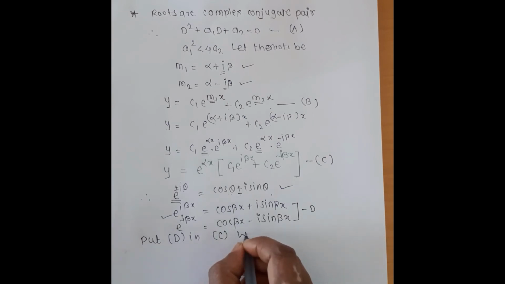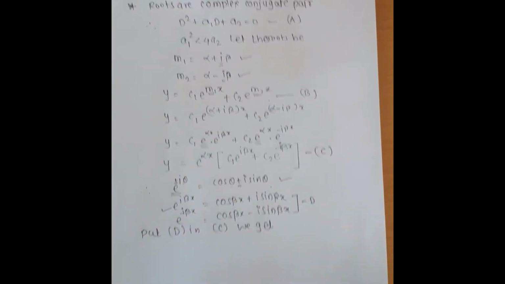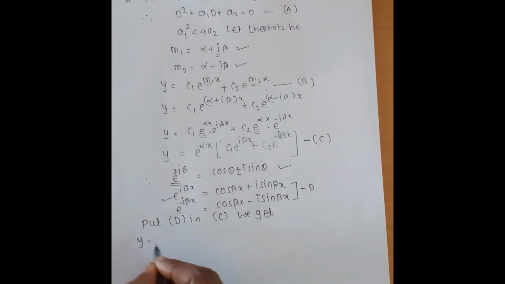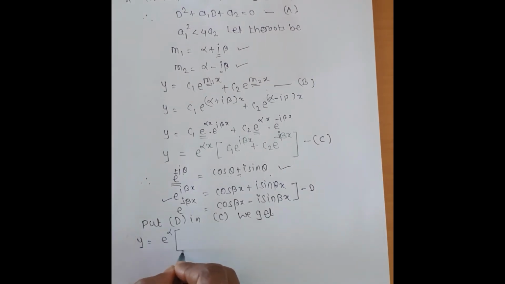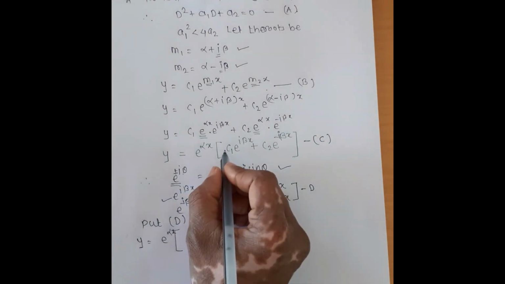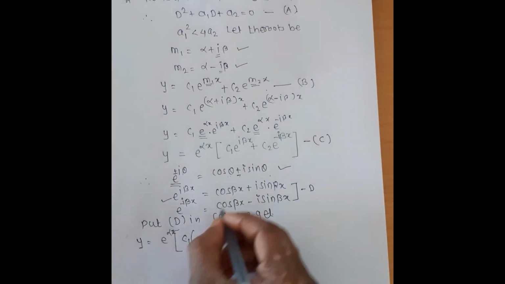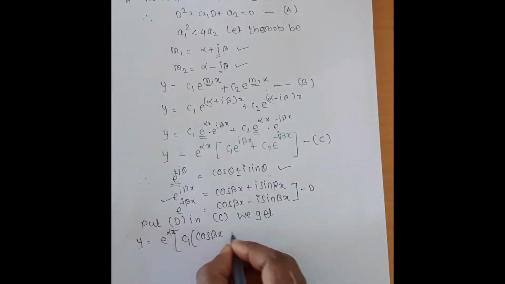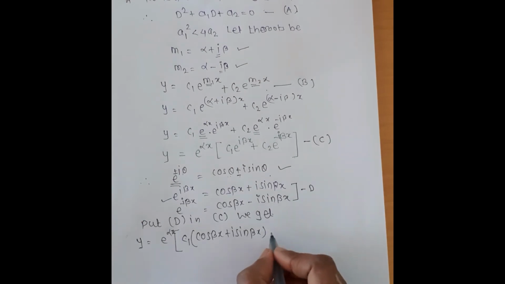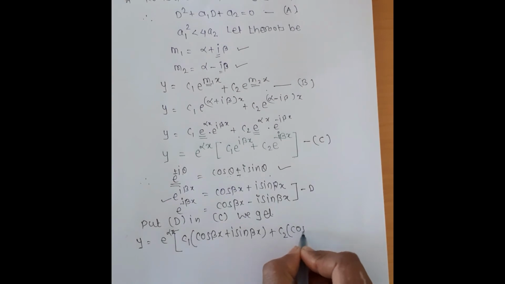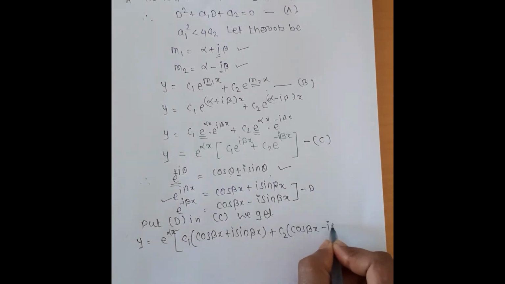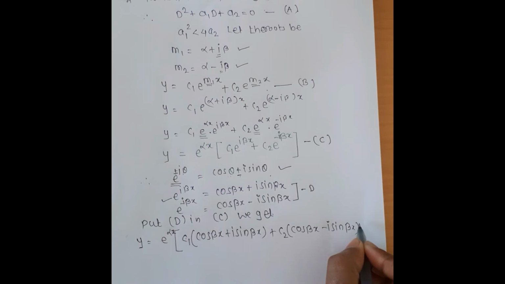What do we get? y is equal to e raised to alpha x, c1 as it is, c1 times cos beta x plus i sin beta x, plus c2 times cos beta x minus i sin beta x.